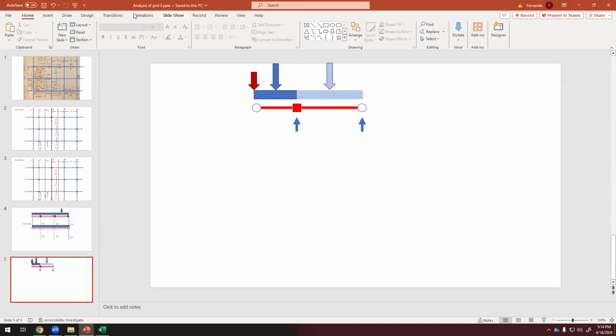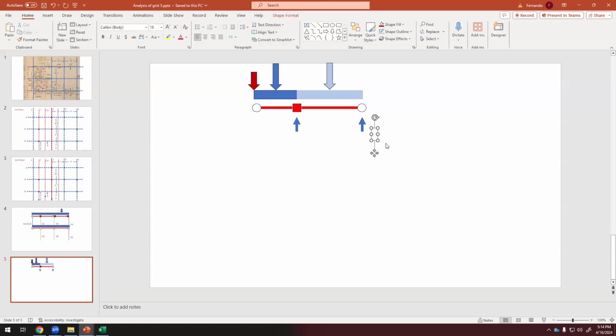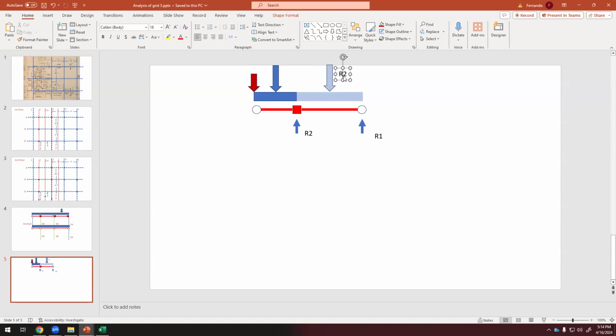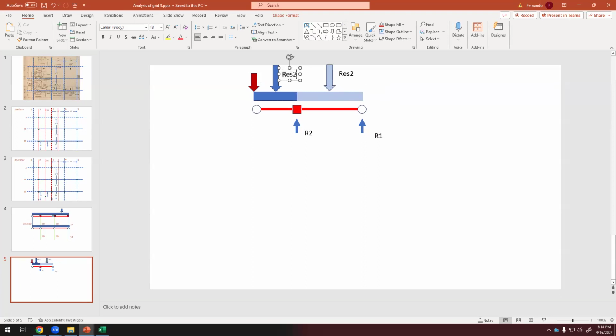So now I have to insert texts. So this is R1. This is R2. This is resultant 2. That is resultant 1.